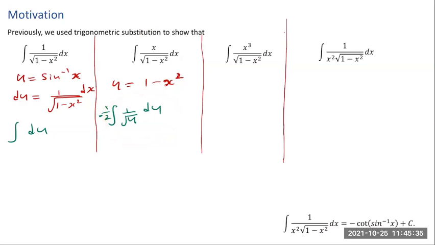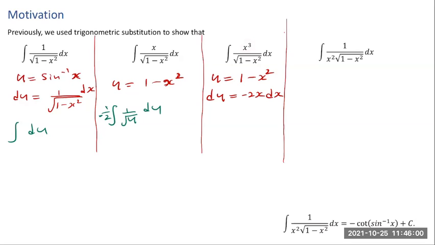Okay, and then what about the third one? Again, for the third one, u substitution will work. You take u is equal to 1 minus x squared. Let me briefly show it there. du is equal to minus 2x dx. Now let me go with the substitution. Here, notice that you can separate this x cubed out.